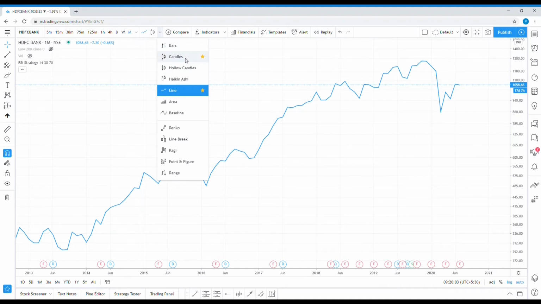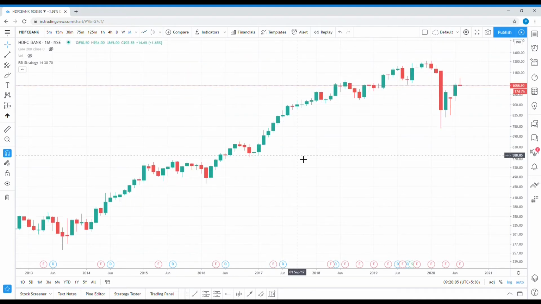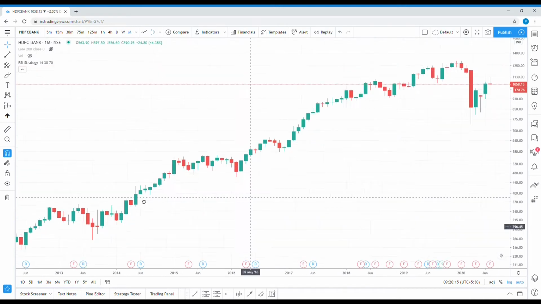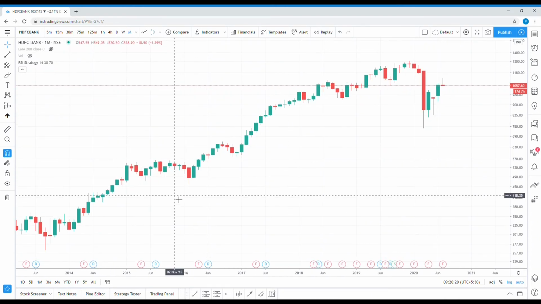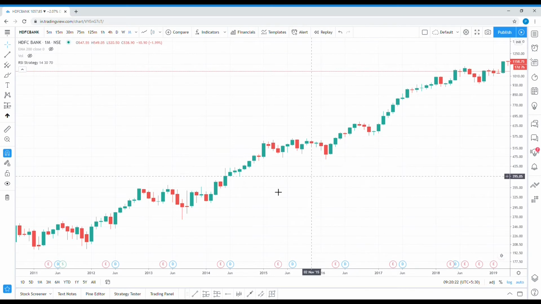This is the candlestick chart, and I am going to explain in upcoming videos the meaning of these candles. Every candle gives you some information. That's why it is the most used kind of chart by any trader, investor or swing trader.